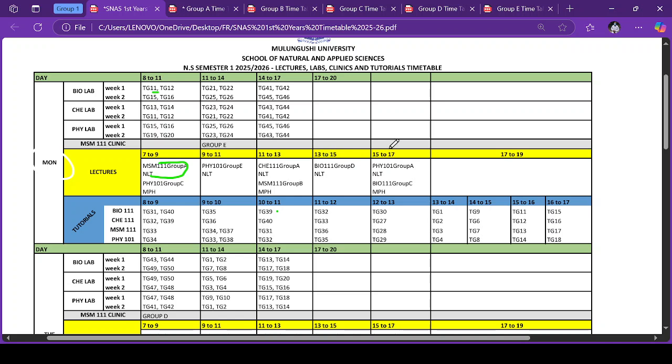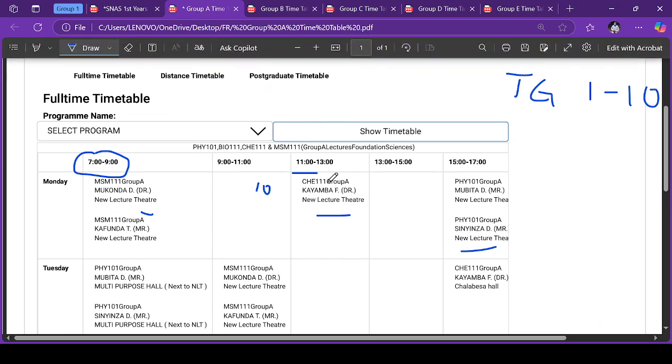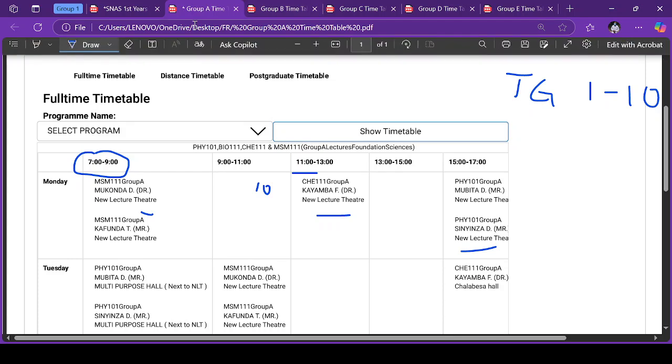Except in some rare cases. For example, let's look at TG1, TG2. You have a tutorial at 13 to 14. Is it colliding with a lecture? Seems like it. On Monday you have a lecture in chemistry from 11 to 13.